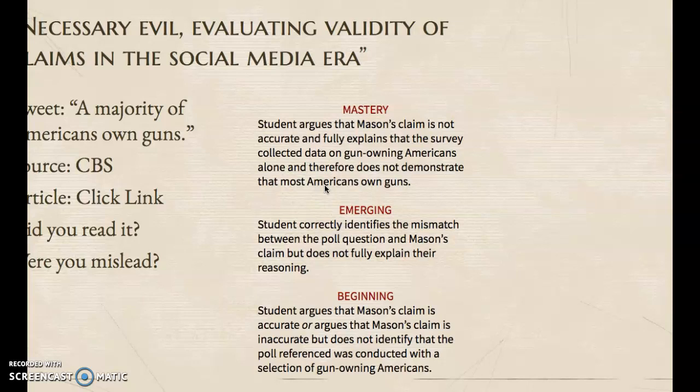And on the right, you're looking at a rubric that would rate the accuracy of the claim. For mastery, for example, a student argues that Mason's claim is not accurate and fully explains that the survey collected data on gun-owning Americans alone, and therefore does not demonstrate that most Americans own guns. So that would be a mastery in this specific assignment, but it allows students to use reasoning and not just memorization.